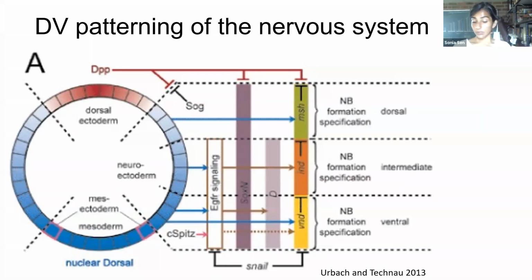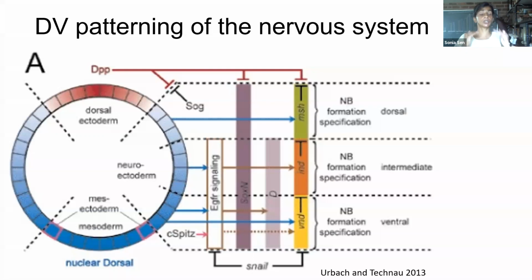The same transcription factor, dorsal, which was specifying neurectodermal fate is simultaneously specifying VND, IND, and MSH, regionalizing that ectoderm into three distinct domains. And VND, IND, and MSH also have regulatory interactions amongst themselves.